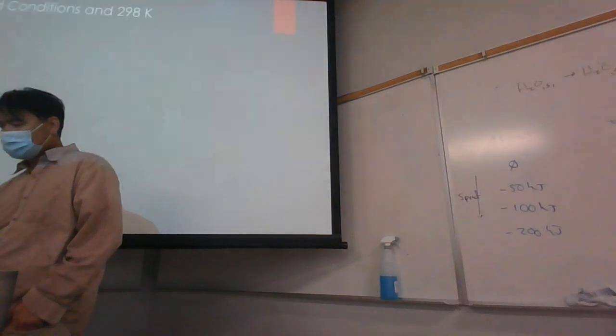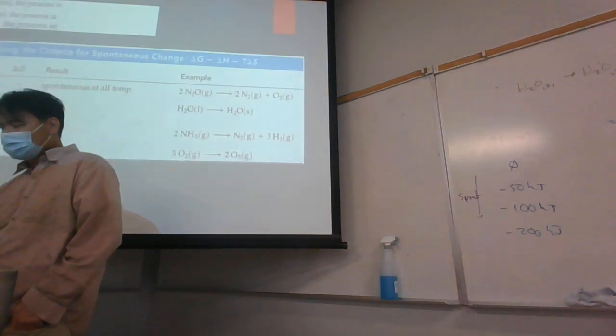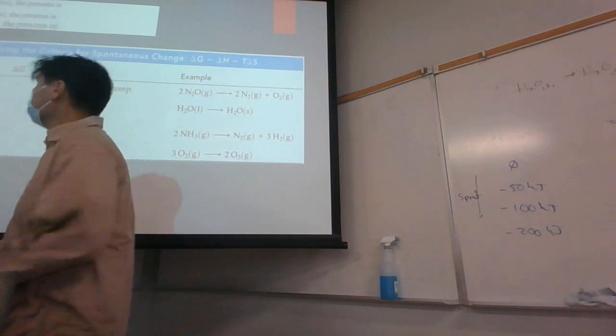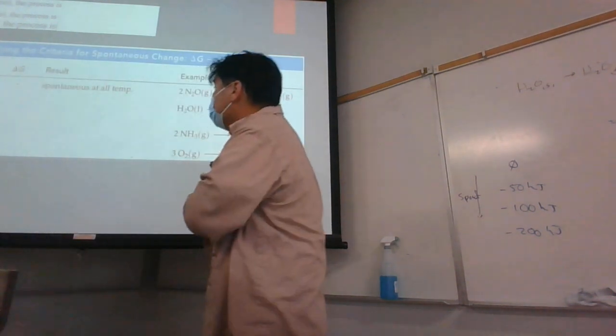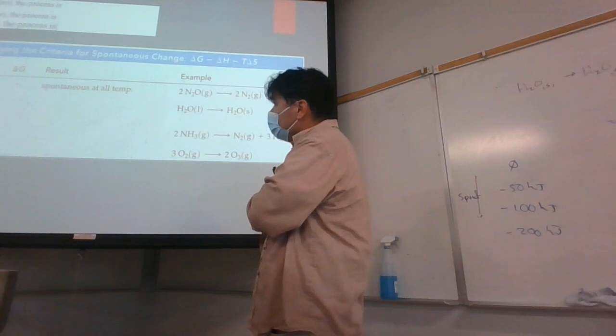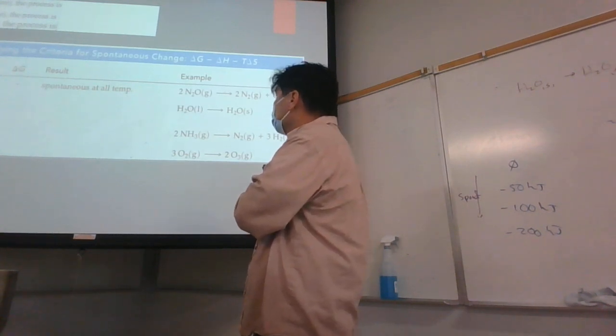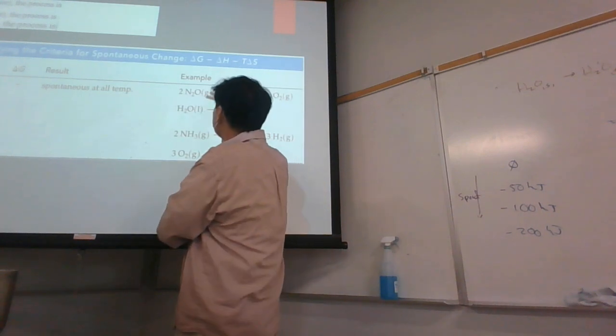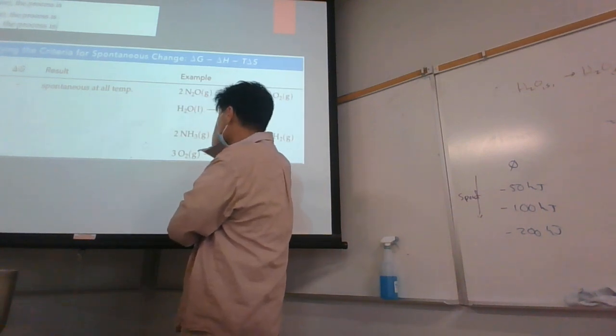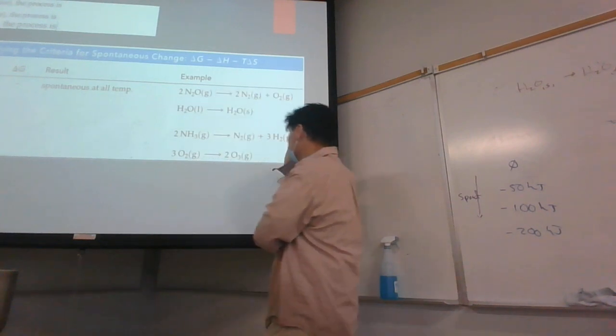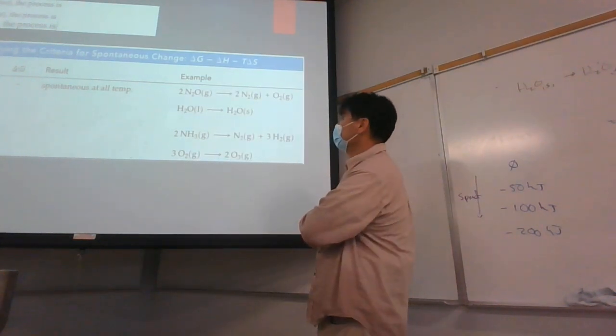It gives free energies here. All right, so we're primarily interested in calculating delta G, whether it's under standard conditions or non-standard conditions. In this case, it's not specified if it's under standard conditions or non-standard conditions, but we can just look at this and determine it.